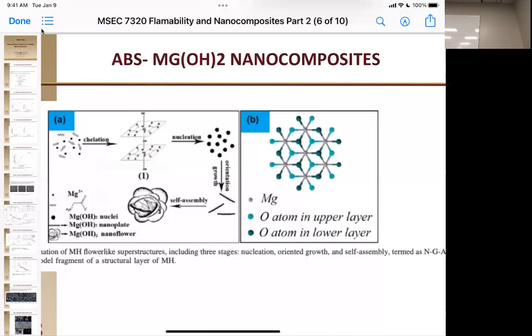But now that these plates are forming, they don't aggregate flat, flat, flat. These are actually aggregating into these flower-like structures. And so that's why they're getting this different morphology. Oh, and this is the amino acid that the magnesium starts to chelate to until the oxygens start taking over and start building.